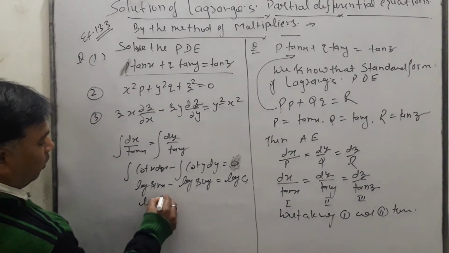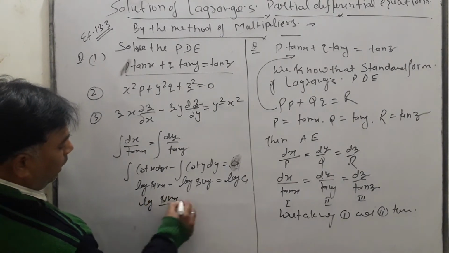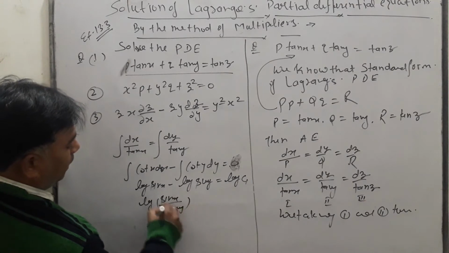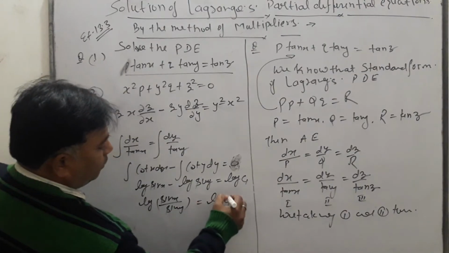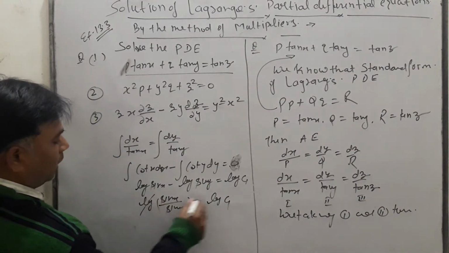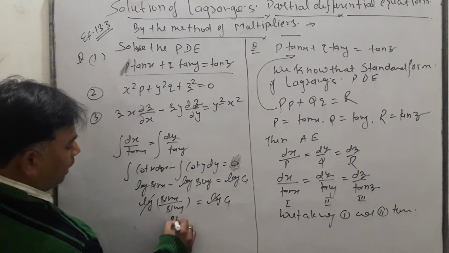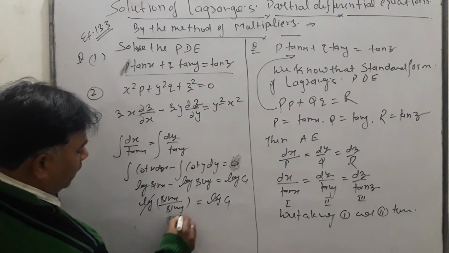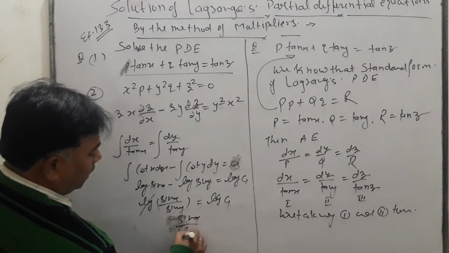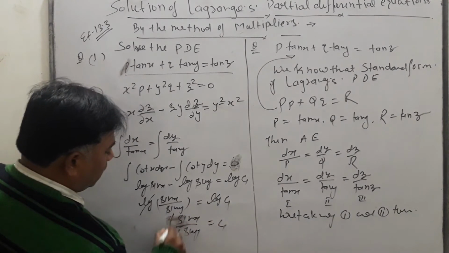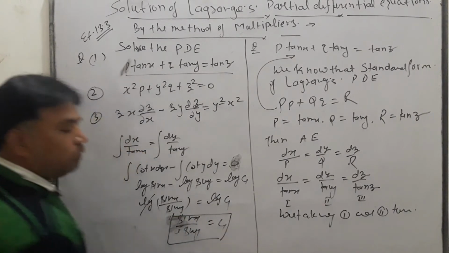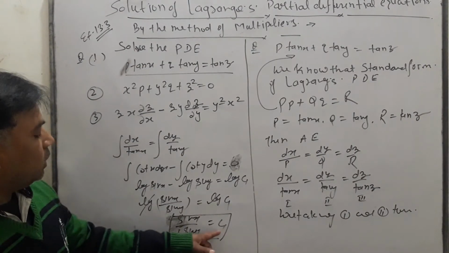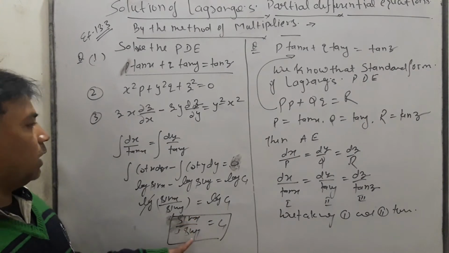Then log of sin x upon sin y equals log of c1, the logs cancel out, and sin x over sin y equals c1. You get the first solution of this equation.